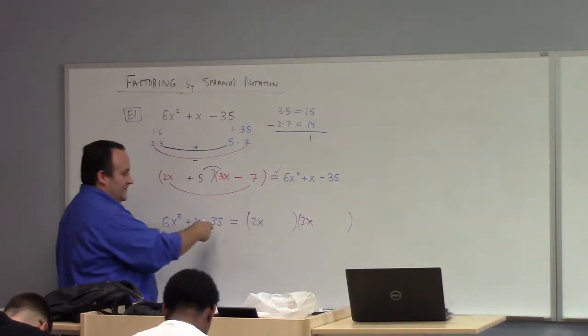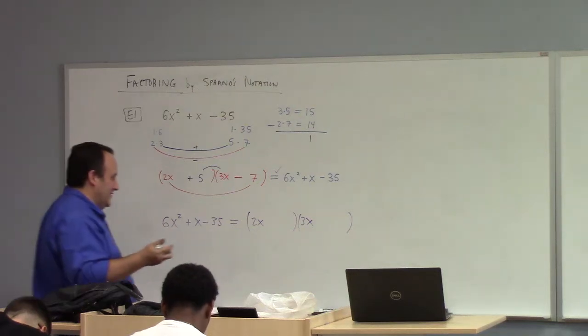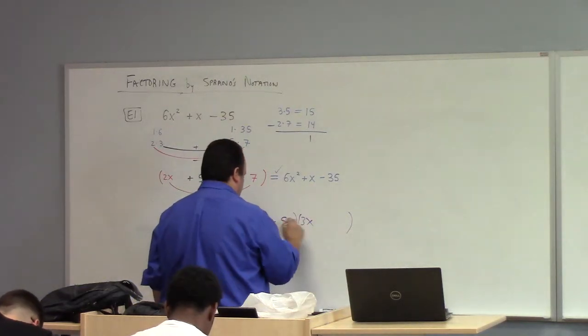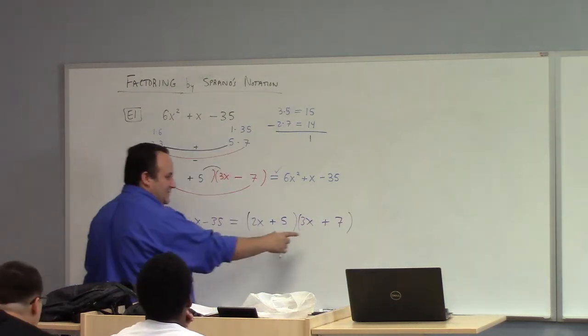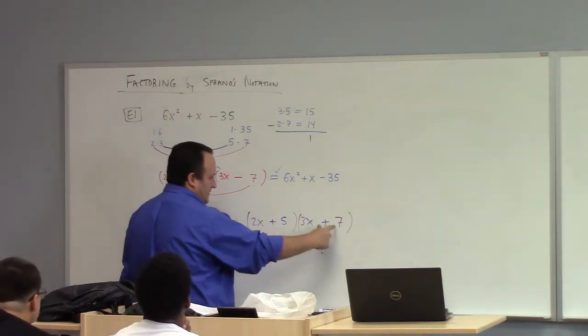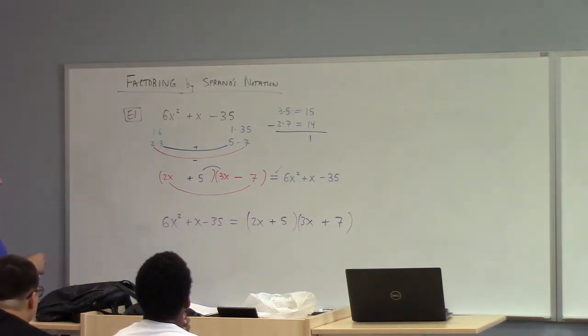Then to get 35, I need either 1 times 35 or 5 times 7, and 1 times 35 doesn't look like it, so I'm probably going to try a plus 5 and a plus 7. Then I think about my life and go, wait a minute, that's plus 15 and plus 14.